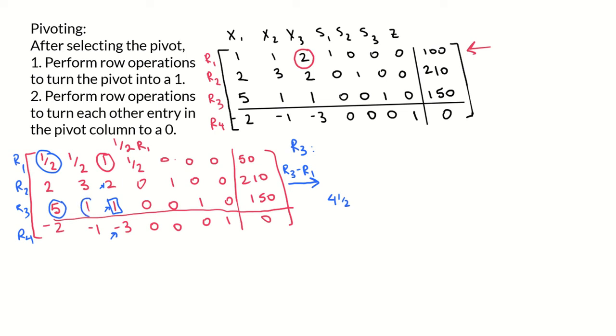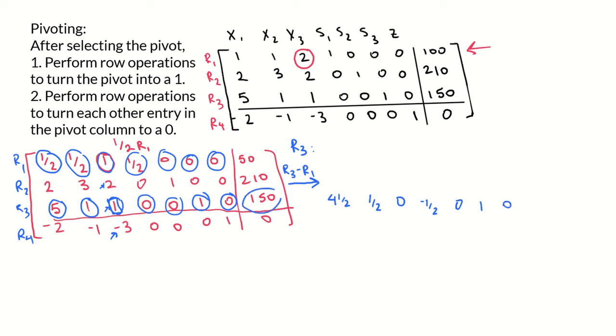And 1 minus 1/2 in the next spot, which would be just 1/2. 1 minus 1 is 0. 0 minus 1/2 is negative 1/2. 0 minus 0 is 0. 1 minus 0 is 1. 0 minus 0 is 0. And 150 minus 50 is 100. So that's our new row 3.